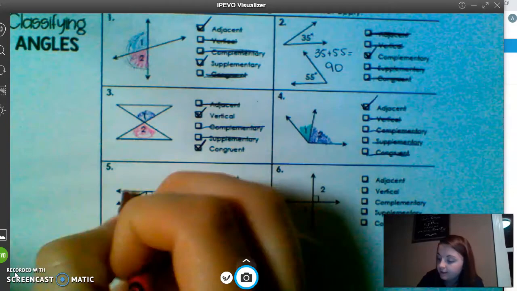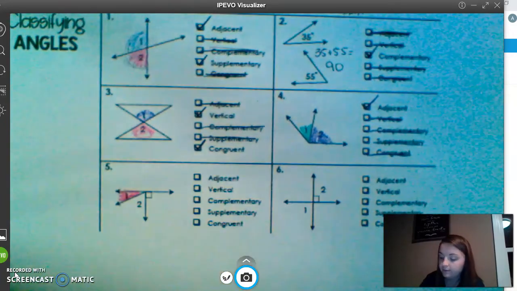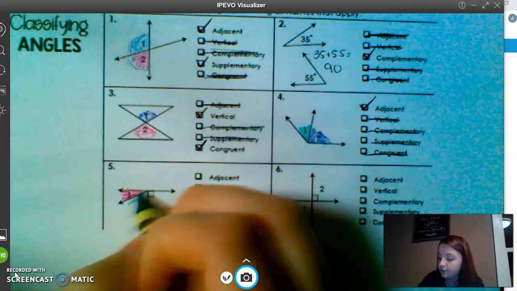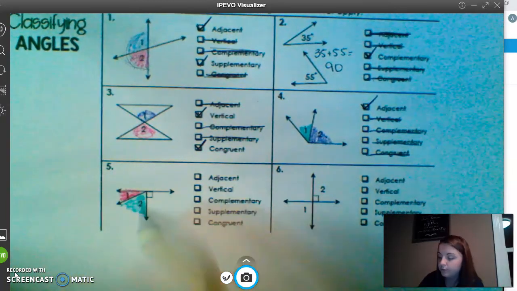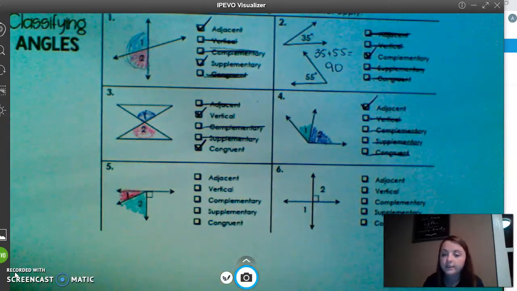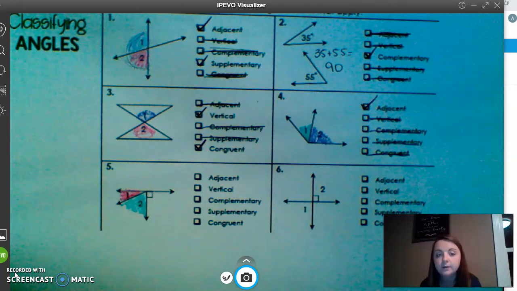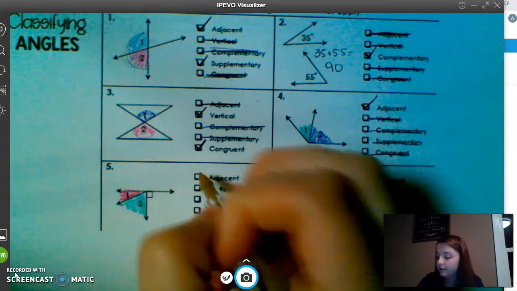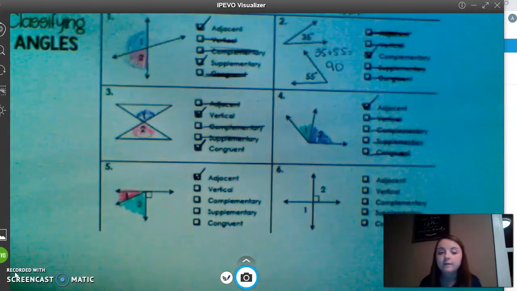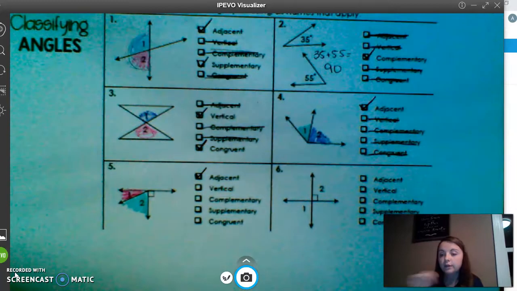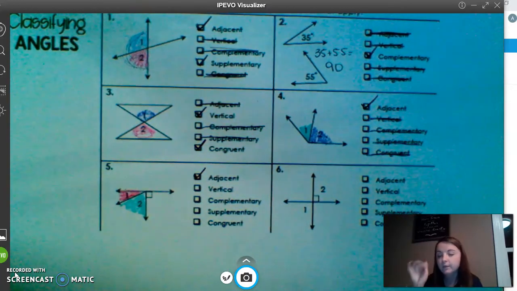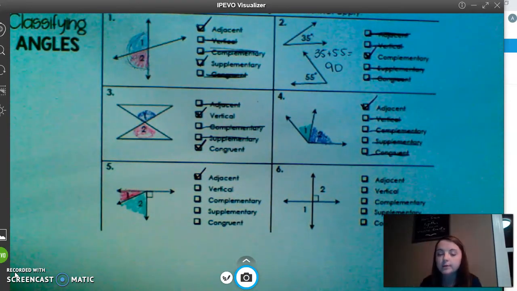We're looking at angle 1 and angle 2. So adjacent means they're side by side. So are those two angles side by side? Yep, so they are adjacent. Vertical means diagonal, straight across from each other, across from each other in the middle.